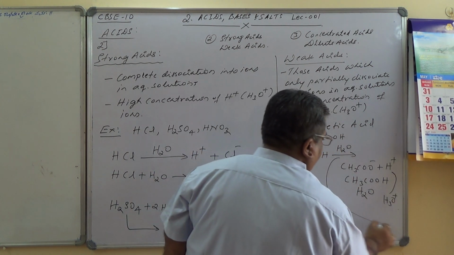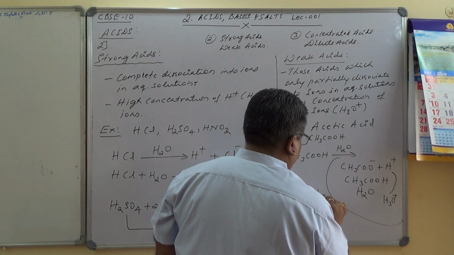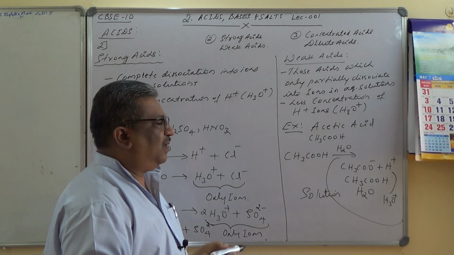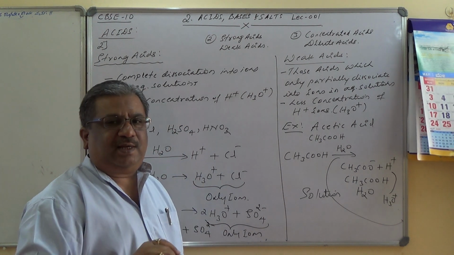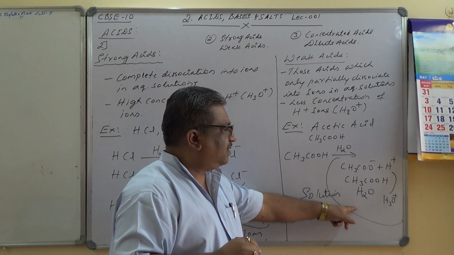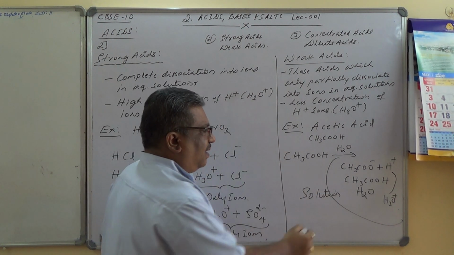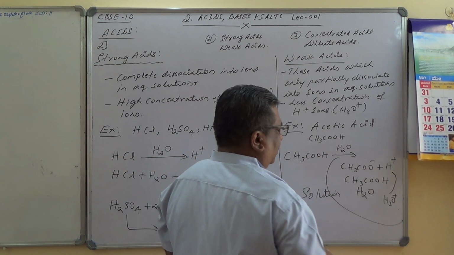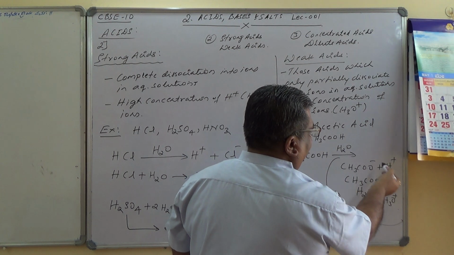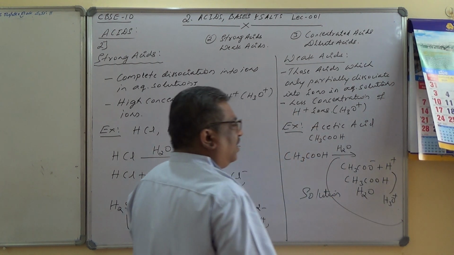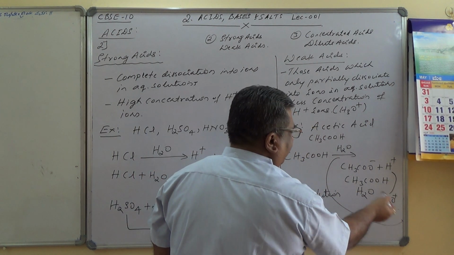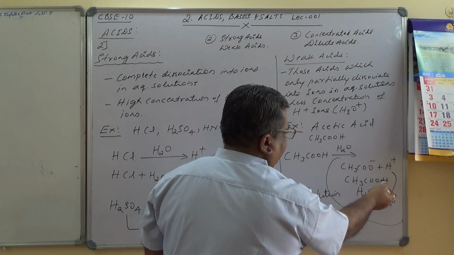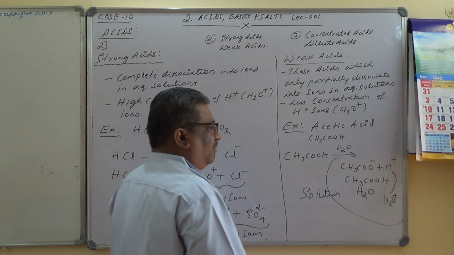So if you look at the solution, it does not contain only ions, but a mixture of ions as well as molecules. Water and CH3COOH acetic acid are neutral molecules, whereas CH3COO minus and hydronium ions are the ions.